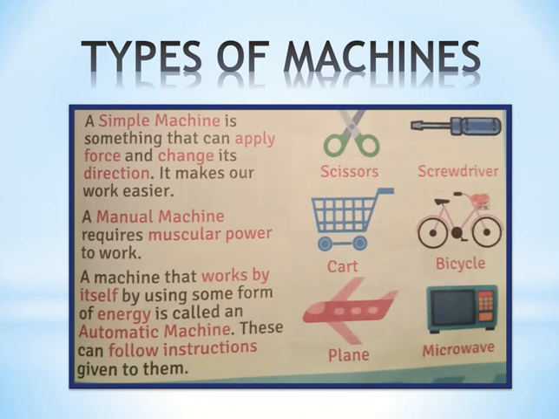We put our food in the microwave and then just push a button. And what happened? Microwave uses the electricity and heats up our food. So microwave uses electrical energy and does the work automatically. This is a form of automatic machine.